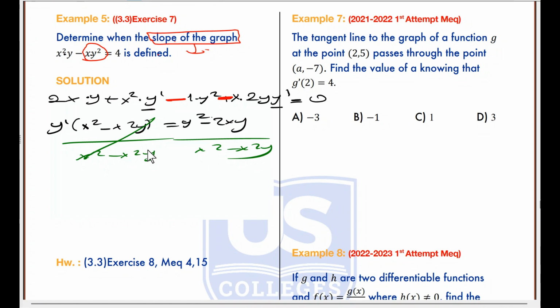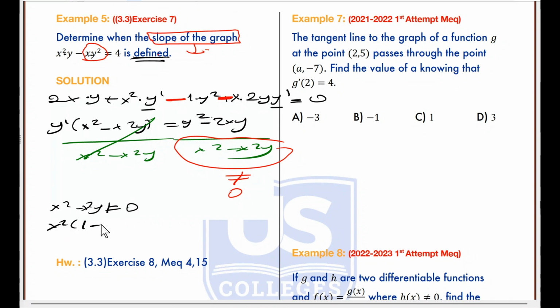In order for this fractional expression to be defined, my denominator should not be 0, right? In order for a rational expression to be defined, denominator should not be 0. So you set denominator not equal to 0. So x squared minus x squared y is not equal to 0. Or you can take x squared as a common factor.